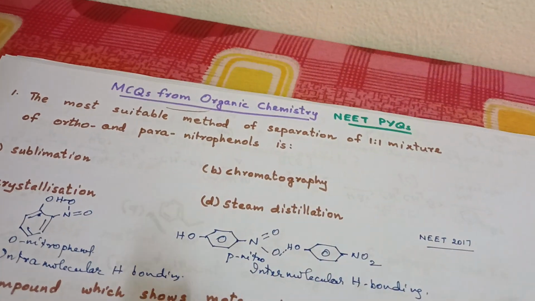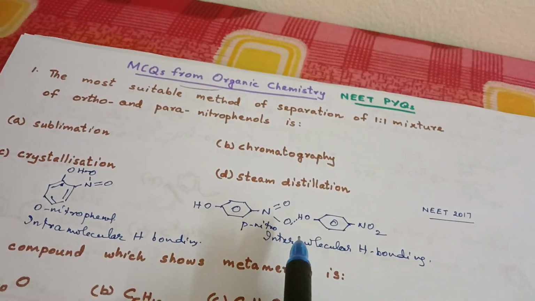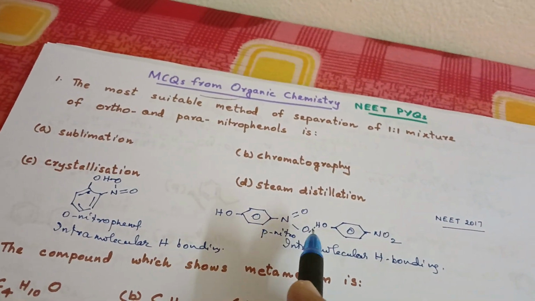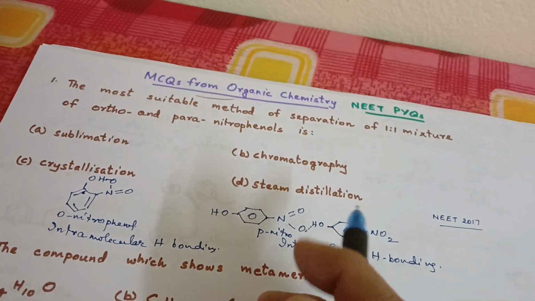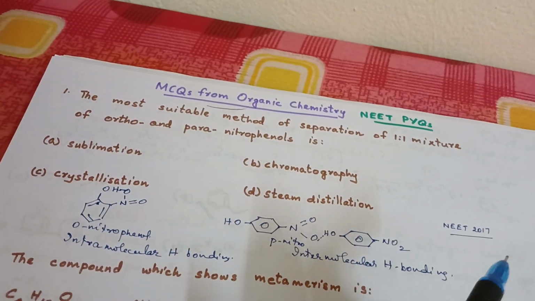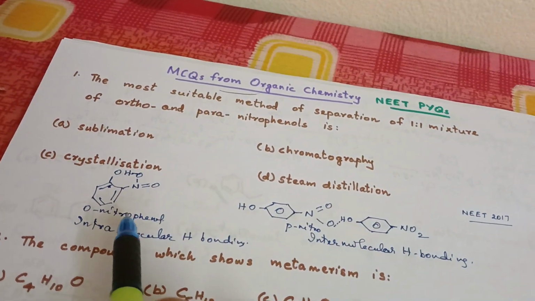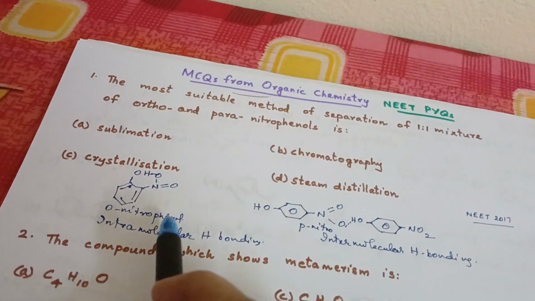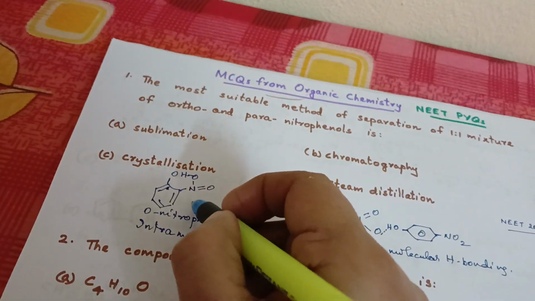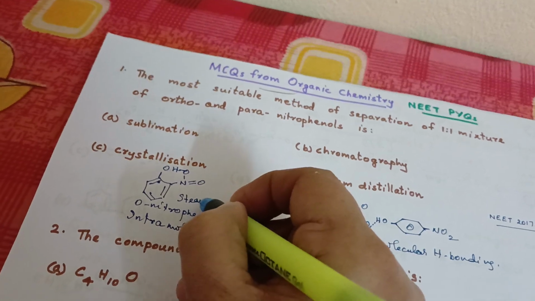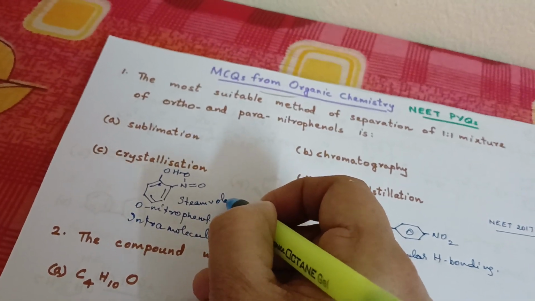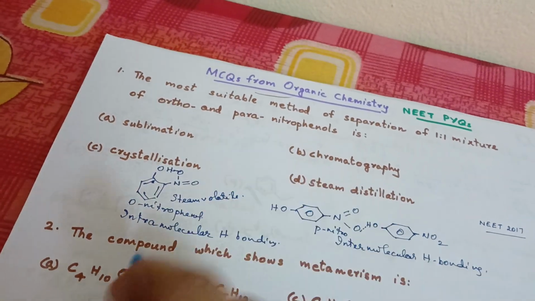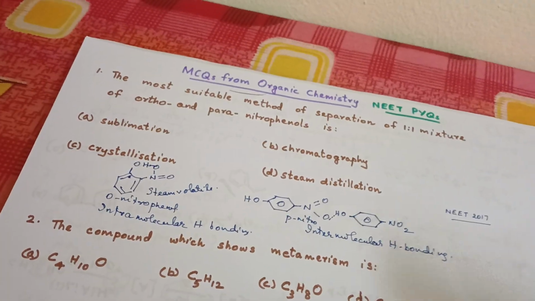So here you can see that in the case of paranitrophenol, boiling point will be very high because there is association between molecules. Whereas in the case of orthonitrophenol, boiling point will be comparatively lesser and this will be steam volatile. That is, it will distill out with steam.